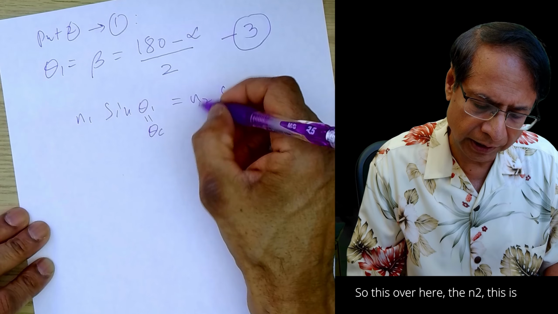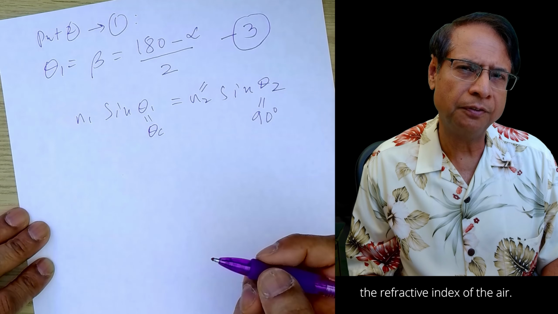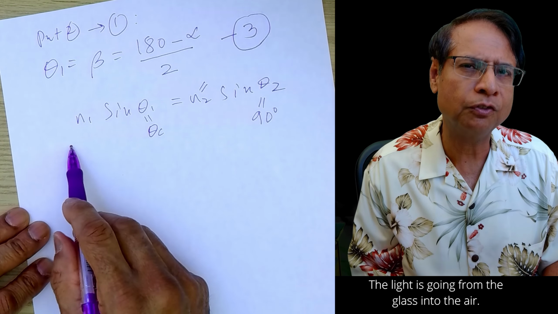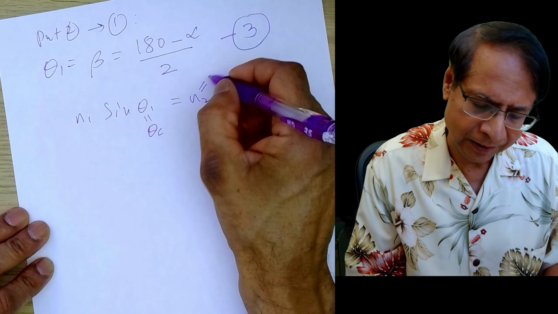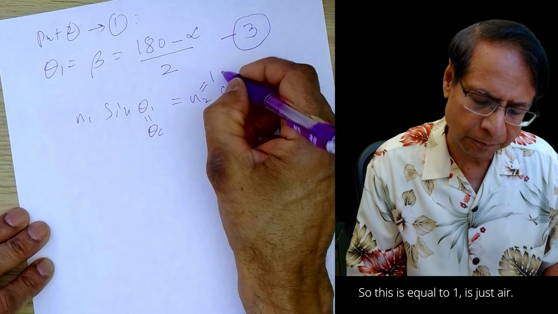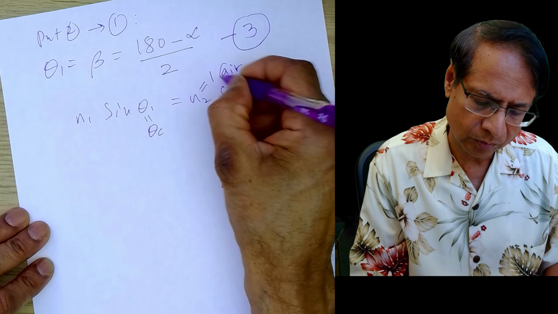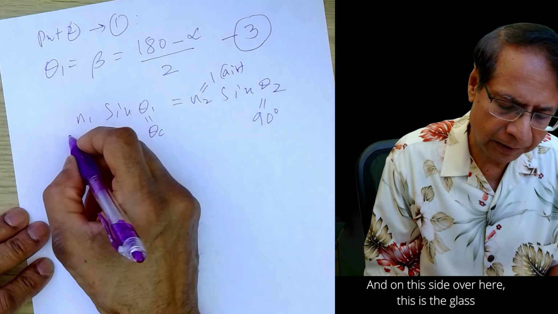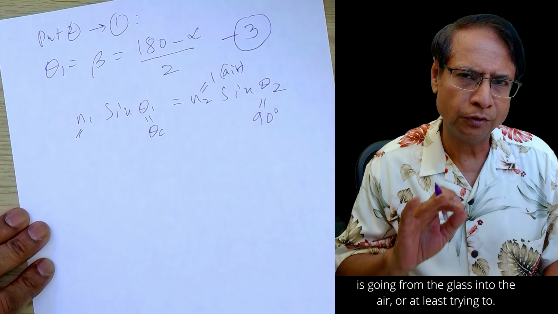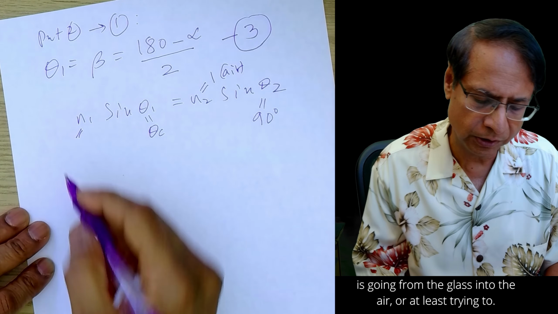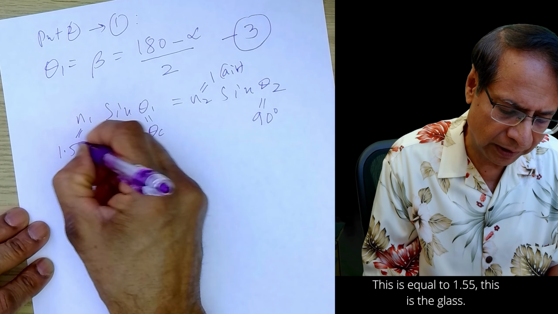So this over here, n2, is the refractive index of the air. The light is going from the glass into the air, so this is equal to 1, just air. And on this side over here, the light is going from the glass into the air, or at least trying to, and n1 is equal to 1.55.